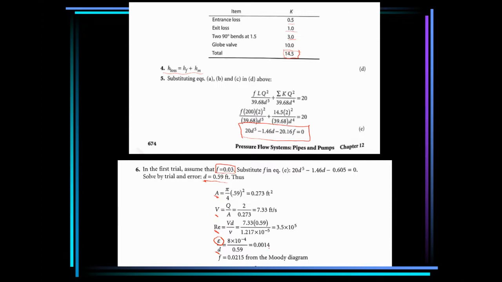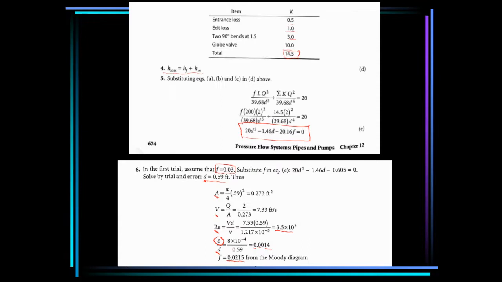So we use the Moody diagram using the relative roughness and the Reynolds number to get F. We assumed it to be 0.03, but we found it to be 0.0215, which is different from 0.03.